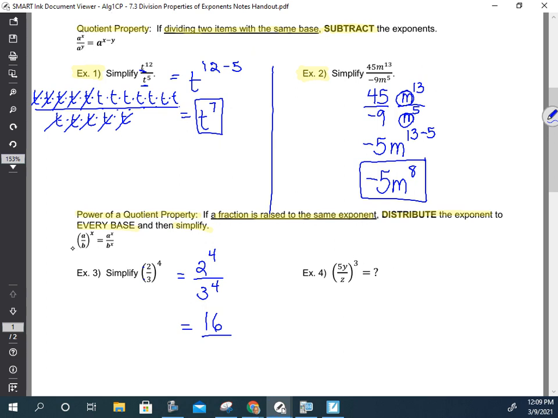Where's the 8? Oh, 81. 81. 243 is 5. There you go. Problem's over. 16 over 81 can't be reduced. Any questions? Example 3.